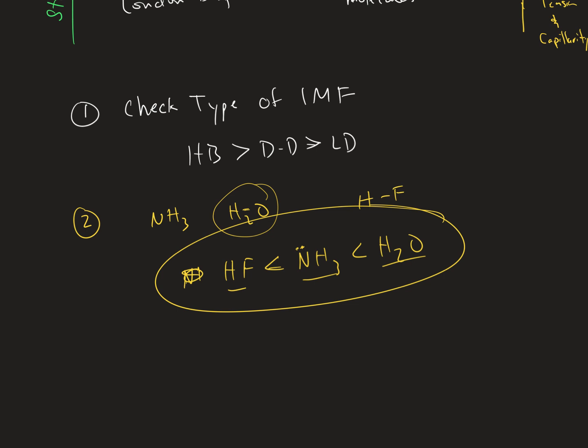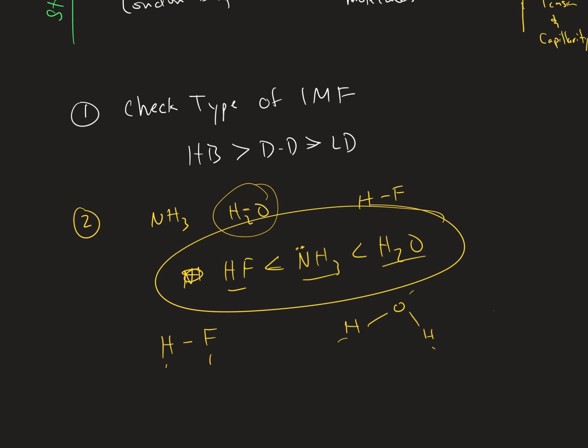So if it's hydrogen bonding, you check which one has the higher electronegativity difference, but also the structure, the amount of points that the hydrogen bonding can occur to. Because HF just has 1, 2 points. H2O has 1, 2, 3 points.